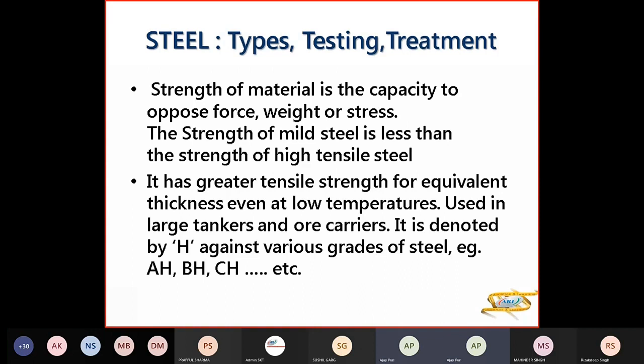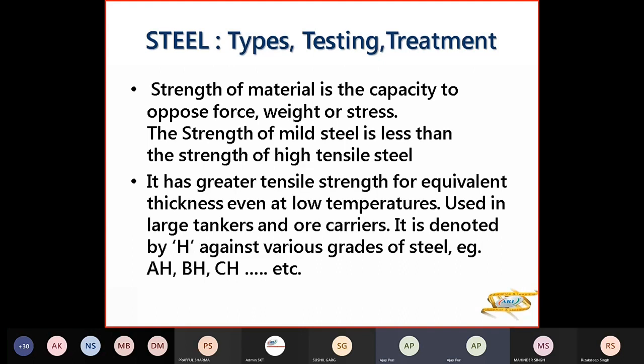So the flaw here is if your high tensile steel gets rusted, the strength of that will be reduced because your thickness will be reduced. So it's got a greater tensile strength for equivalent thickness even at low temperatures, used on large tankers, BLOCs, and denoted by H for your various grades of steel.